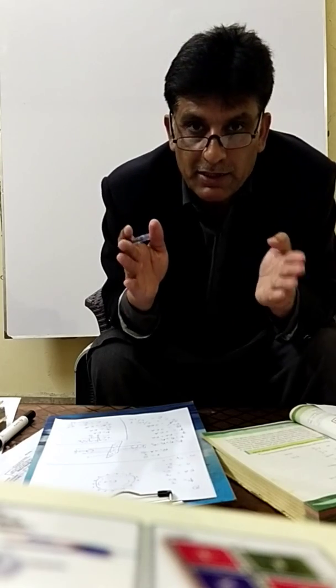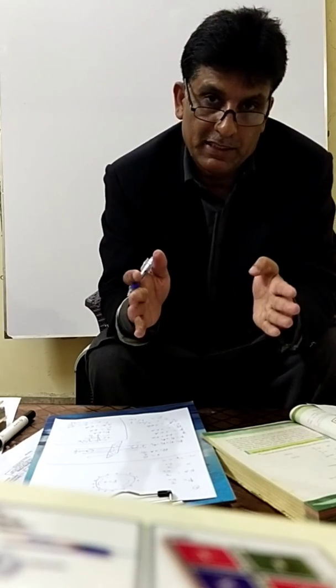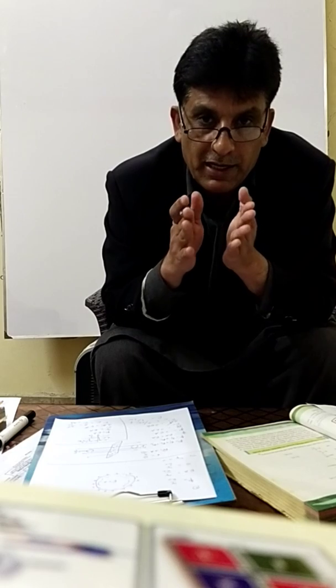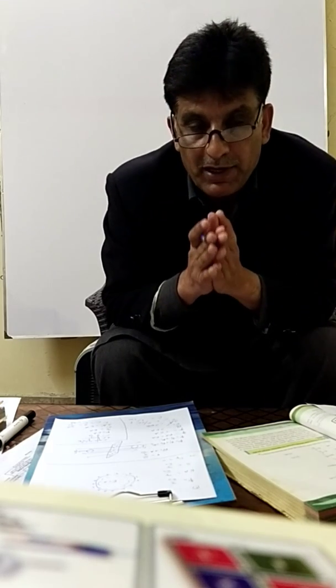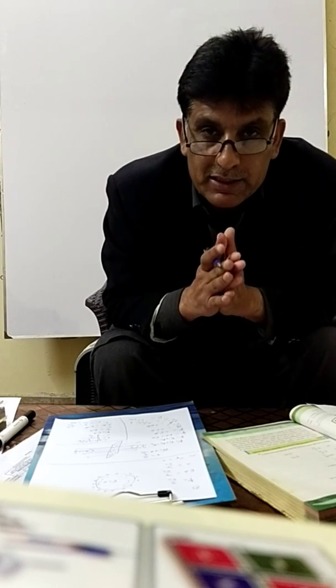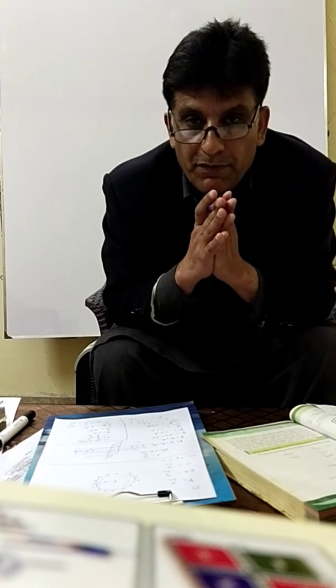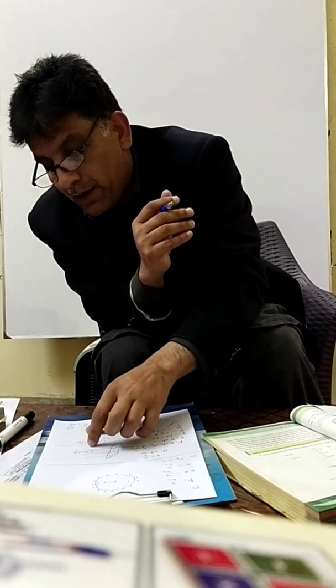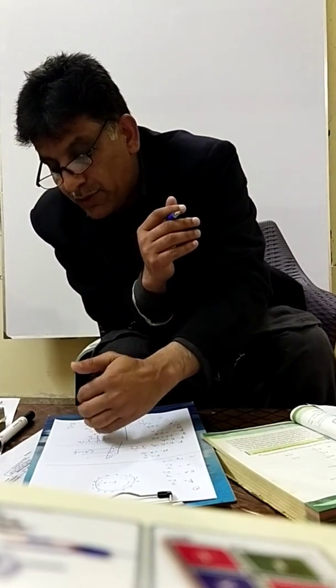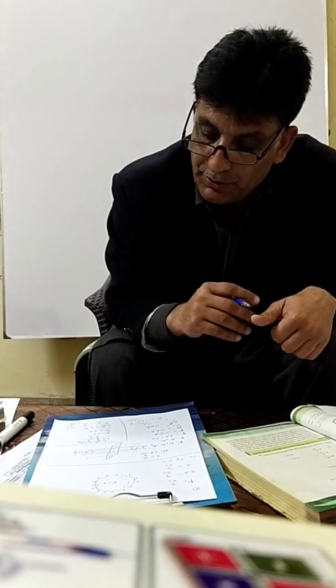So in case of two oppositely charged plates, the electric field intensity between the plates is twice the electric field intensity due to a single sheet of charge, and outside the plates, it will be 0.